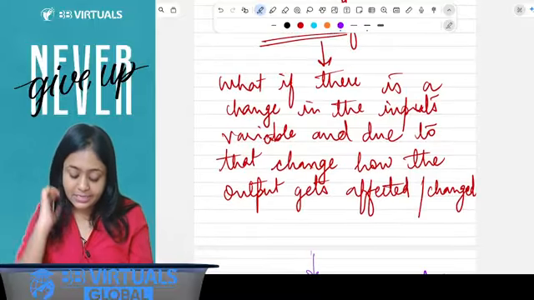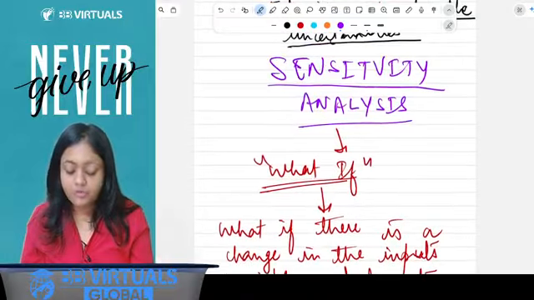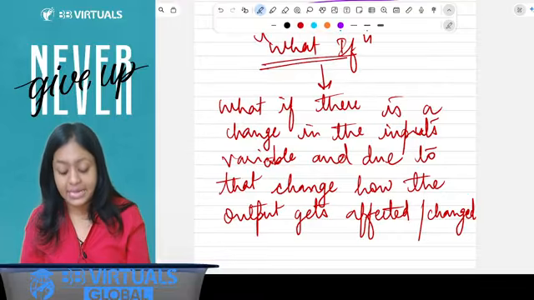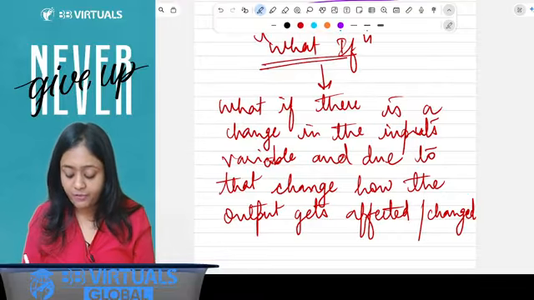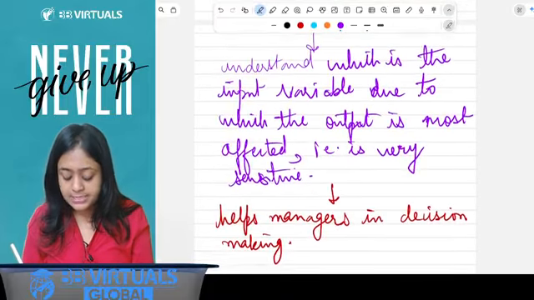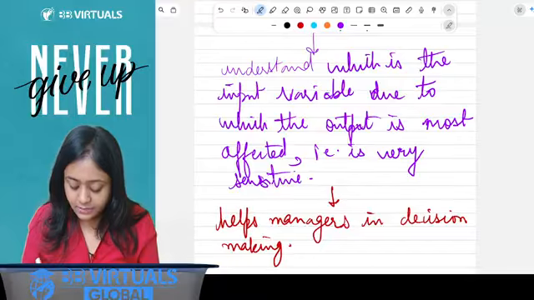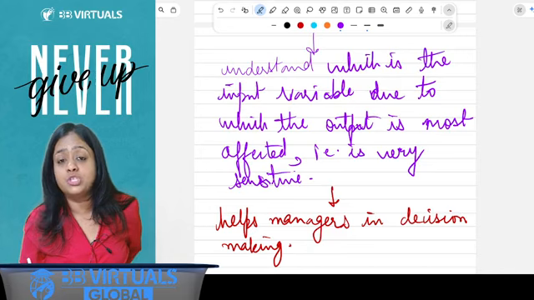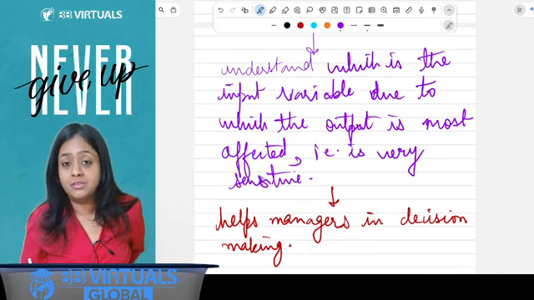So now elaborating it here, when we say we go for sensitivity analysis, we are just looking into what if analysis. That simply means what if there is a change in the input variable and due to which the output is affected. So you have to understand which is the input variable due to which your sales are affected. It simply means, let's say if my advertisement is 20%, in the sensitivity analysis it is 20%.